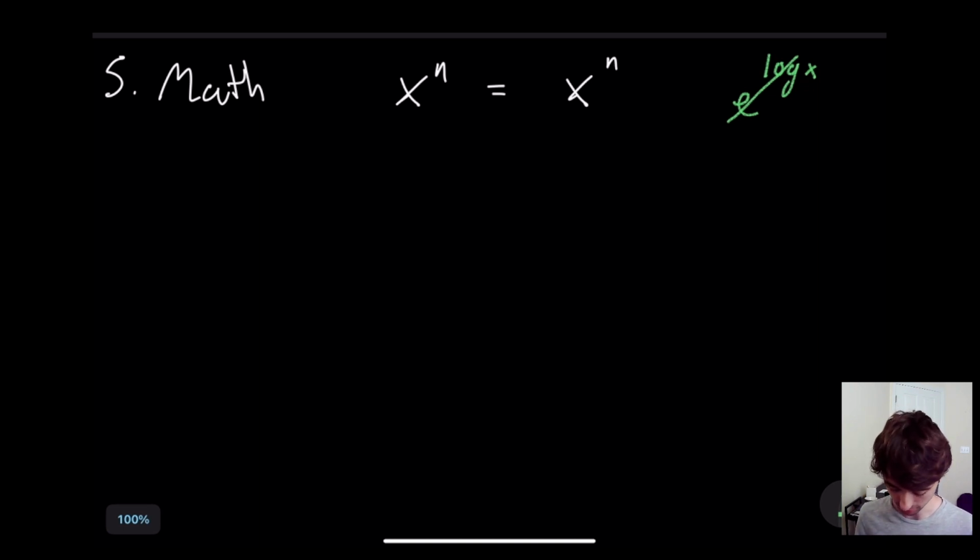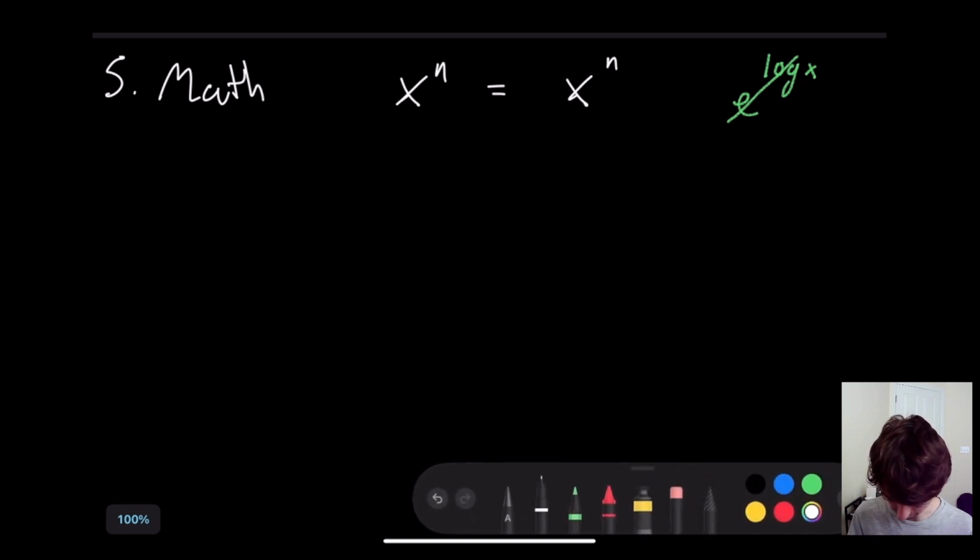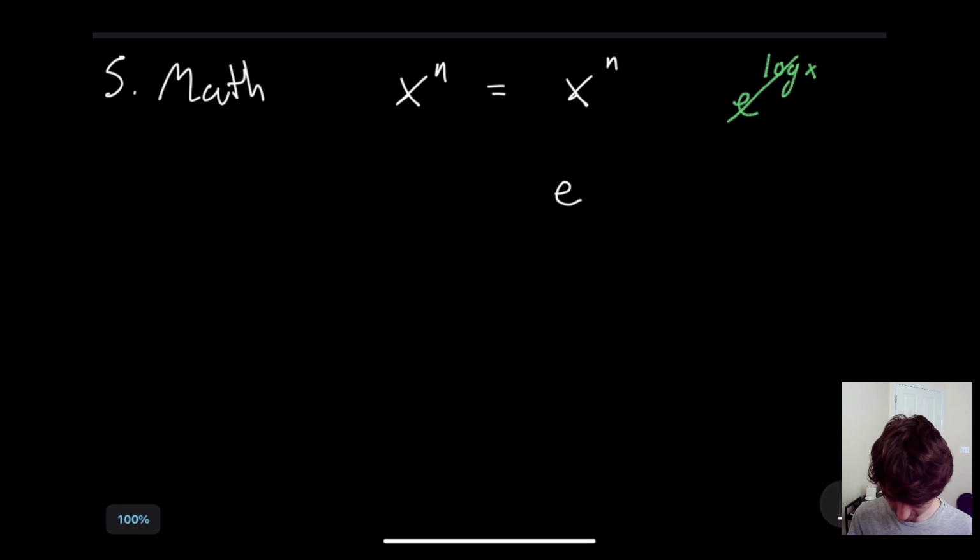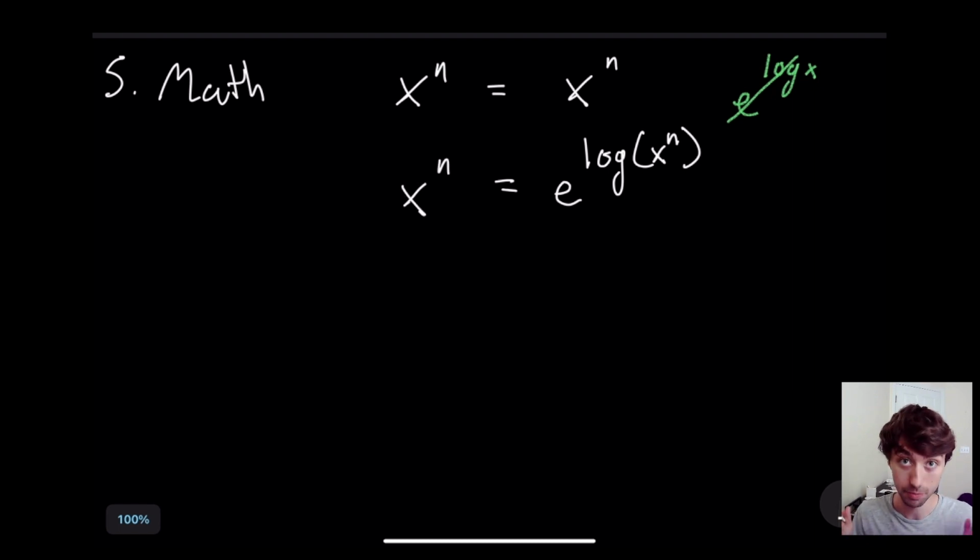So what I'm going to do here is take one side of this and raise that to e^(log x^n), and the other side I'm just going to keep as x^n. These are completely equivalent because the e and the log cancel out mathematically, and we would be left with just x to the n on this side. So these two expressions shown here are completely equivalent.